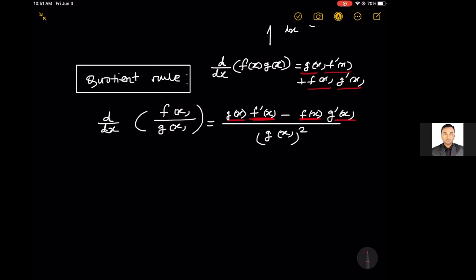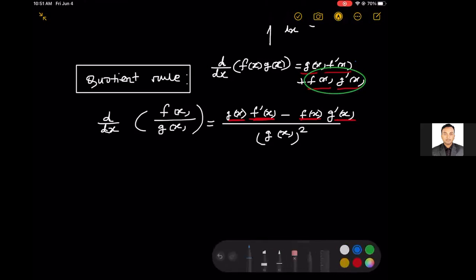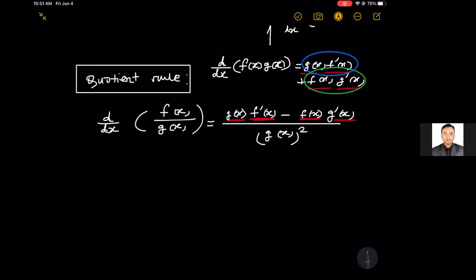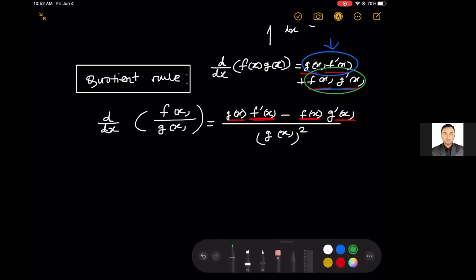for the product rule, we can change the order. That means we can first do this part and then this part, and we'll get the same result. But for the quotient rule, you can't change the order.